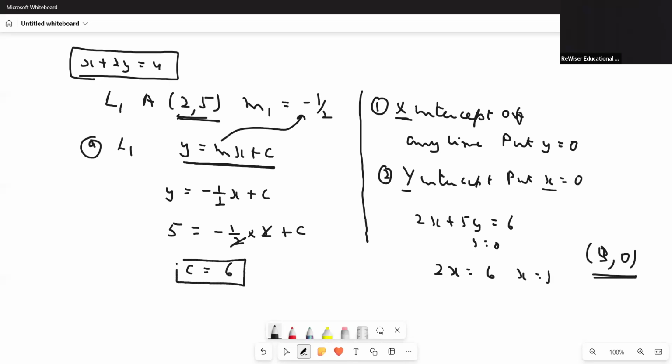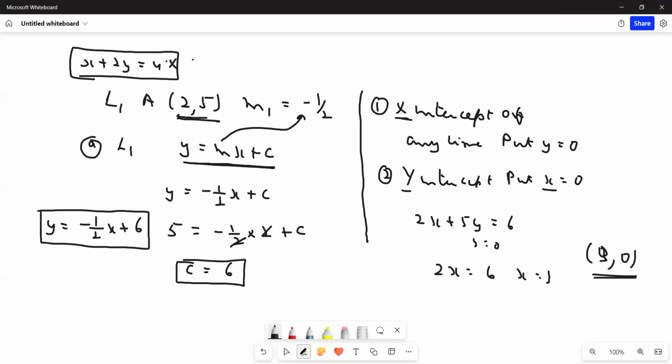Placing it here, I get y is equal to minus half x plus 6. That's the equation of the line in the form we are looking for. So you made some errors here, right? Got that?